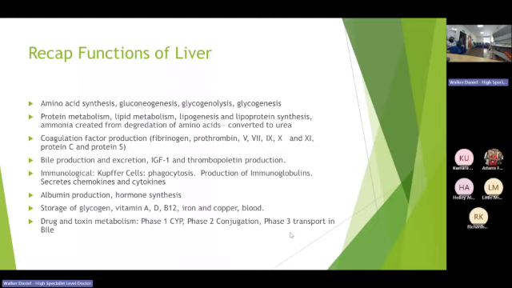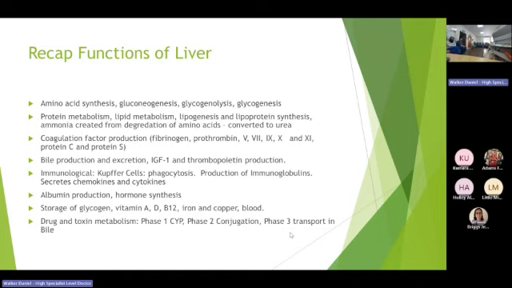So we talk about metabolic, synthetic, but actually also storage. And the proteins produced have extensive effects throughout the body, such as coagulation factor production. This explains the wide clinical presentation you get in both acute and chronic liver failure.